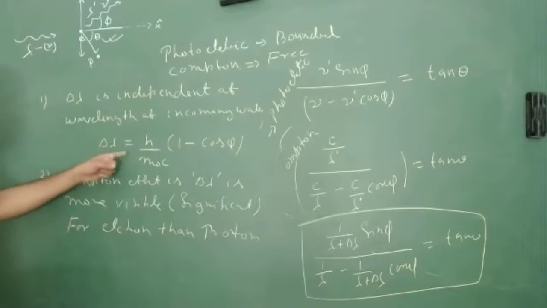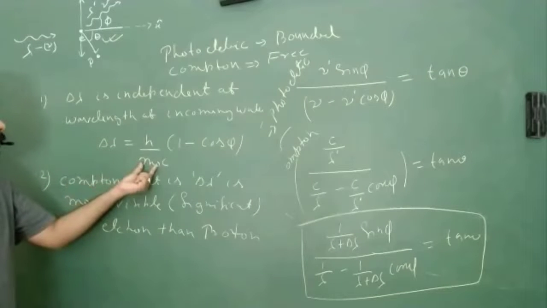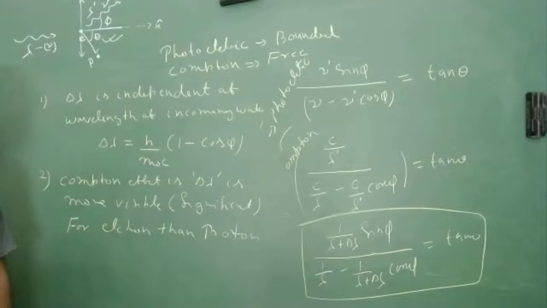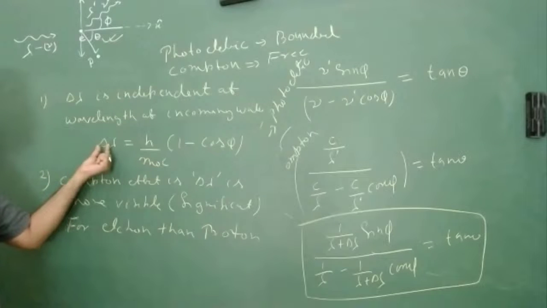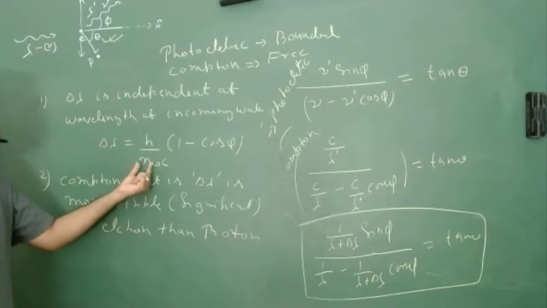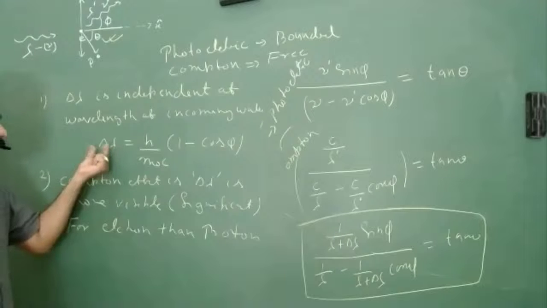Why? Because you can see delta lambda is inversely proportional to m naught. So if m naught is less, delta lambda will be high. If m naught is high, delta lambda will be very small.